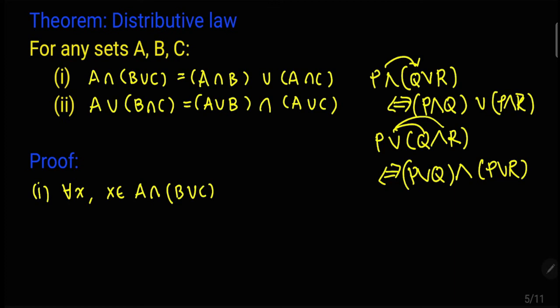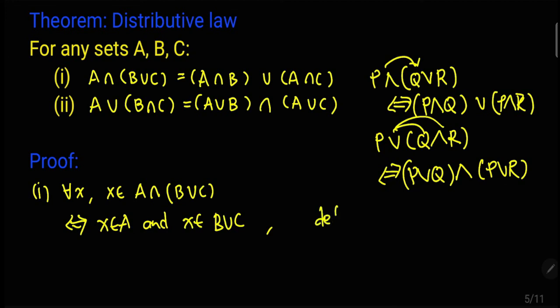So let's prove number one. For all x, what does it mean for x to be in the intersection of A and (B union C)? That means that x is in A and x is in the union.